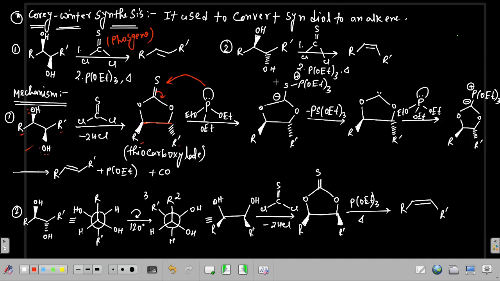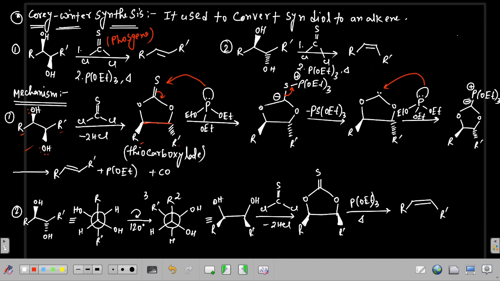Next, it will lead to the breaking of this bond, and it leads to the formation of this carbene. This carbene is an electron deficient species, so again this triethyl phosphite will attack this carbene.